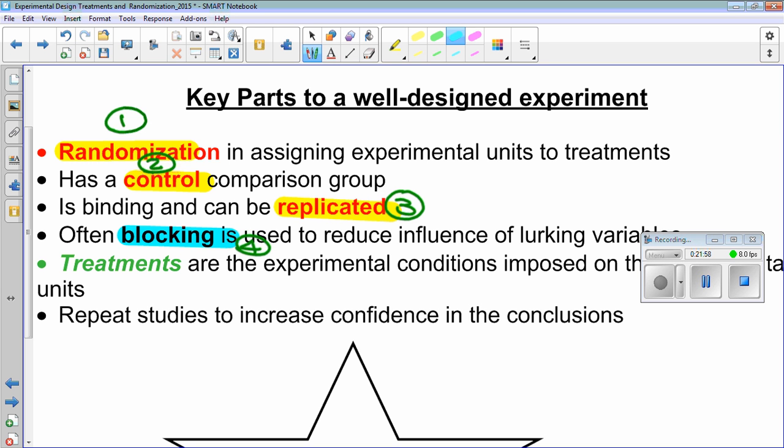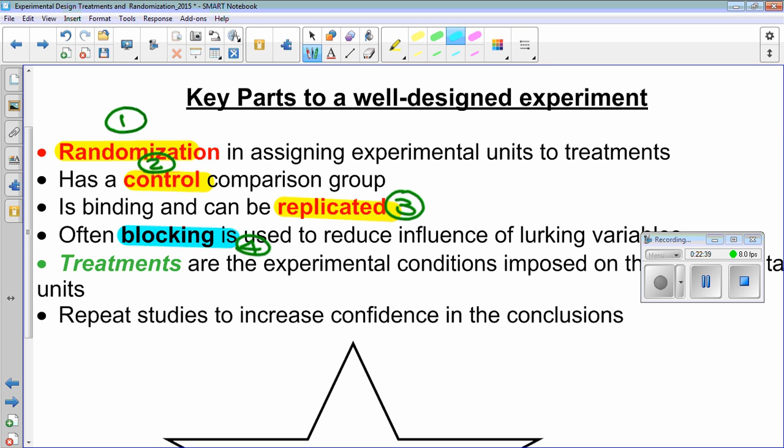Because what you do is you take the people that are going to volunteer for your experiment and you use randomization because you randomly assign them to the treatment groups. So if I'm using Byron's example of the placebo versus the aspirin, and this group of people volunteered, I'm going to assign everybody a number and say all the odd numbers are going to go into the aspirin group and all the even numbers are going to go into the placebo group. So I've randomly assigned them to treatment groups. That's how randomization is used here, okay?